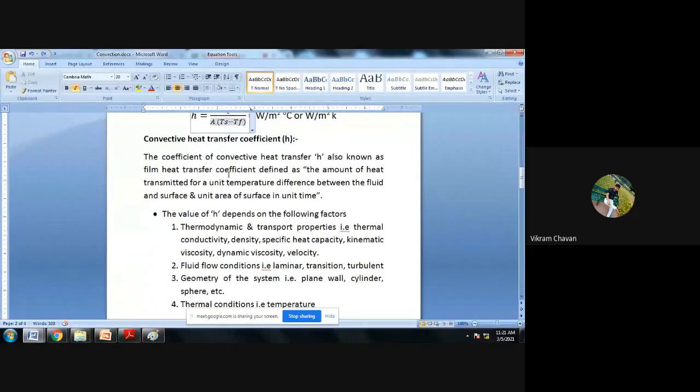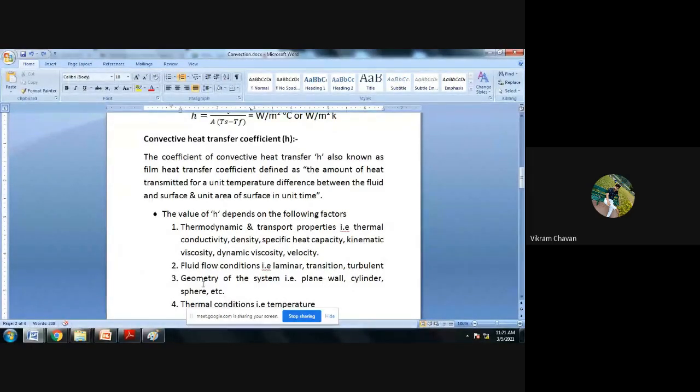So here also we are considering the geometry of the system; the h value, or the convective heat transfer coefficient value, depends on the geometry of the system. There are different kinds of geometries, that is plane wall, cylinder, sphere. These are simple geometries. There are complicated geometries also. In that case, we have to determine which surface area is exposed for the heat transfer, and on that basis we have to determine the heat transfer coefficient.